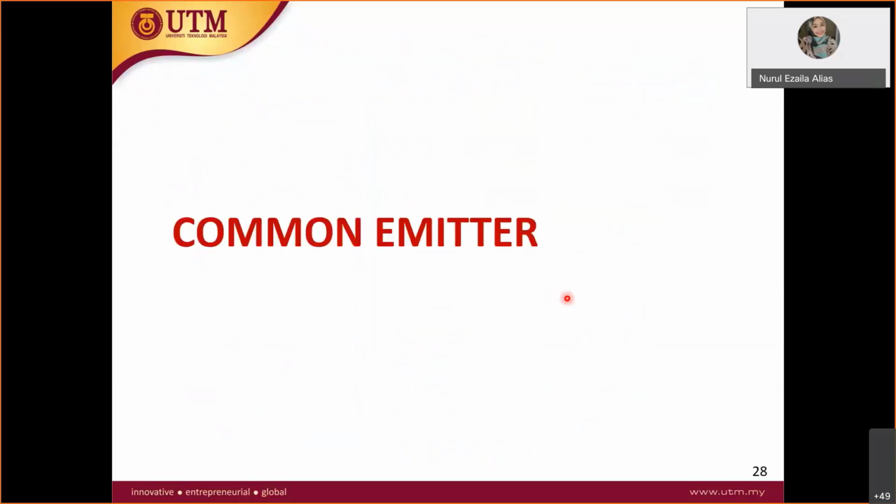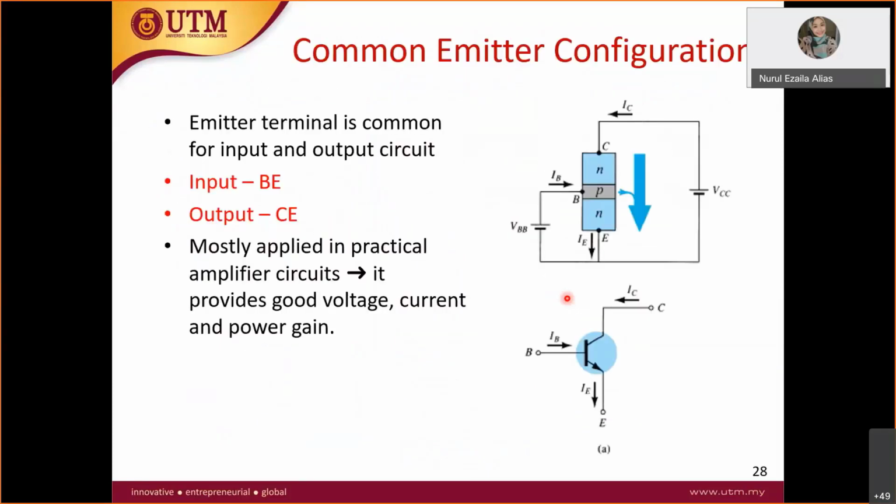So common emitter, like I said, means the emitter is ground. Base to emitter is your input, and collector to emitter is your output.